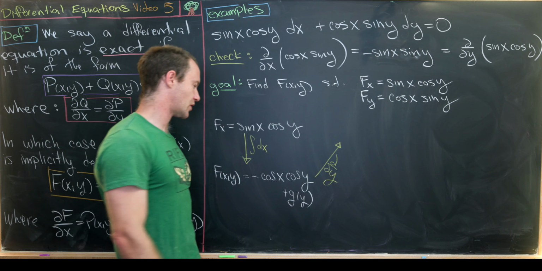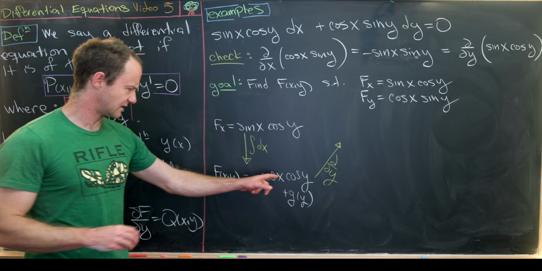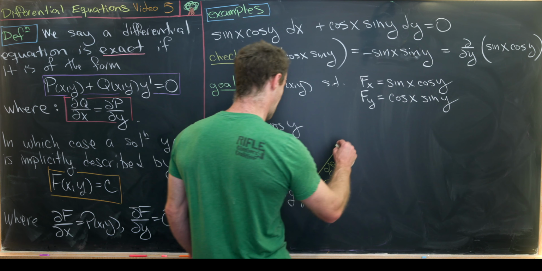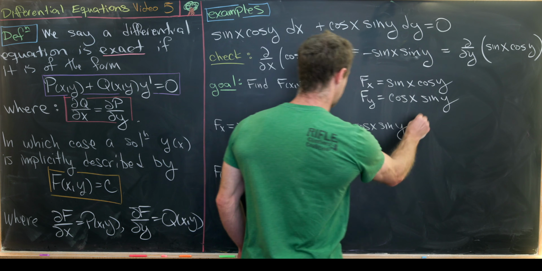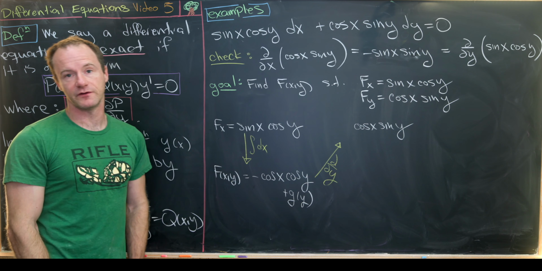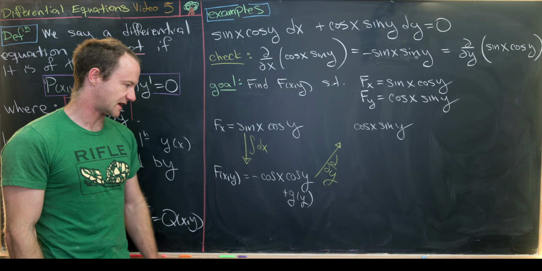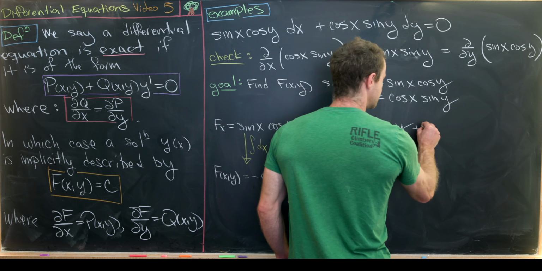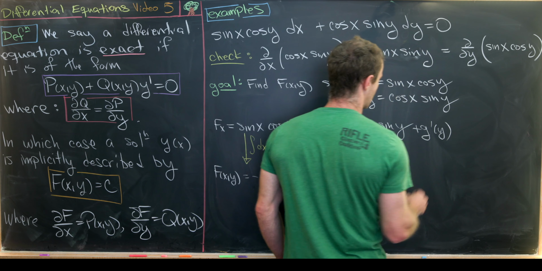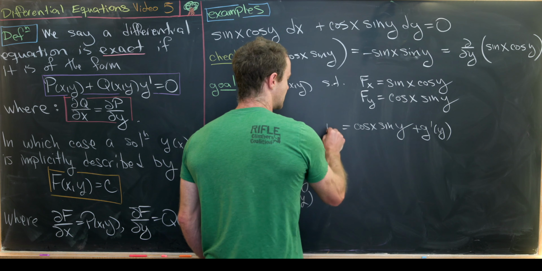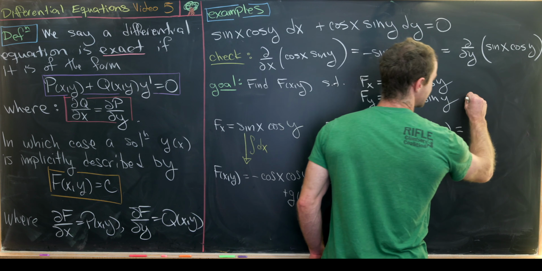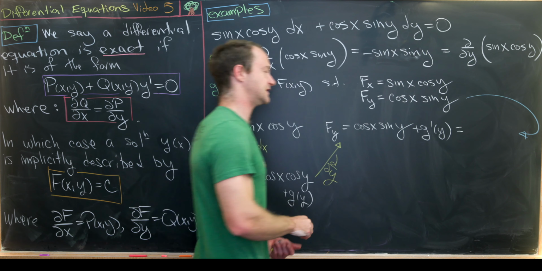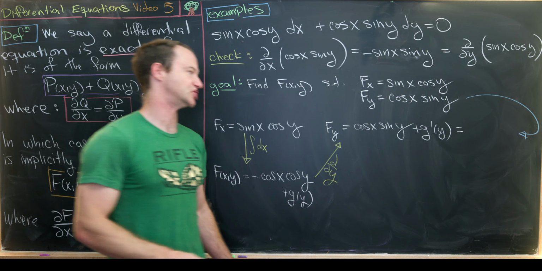Okay, so taking that partial with respect to y will give us something like this. We'll have cosine x times sine y, from taking the derivative of cosine y gives us negative sine y, and then plus g prime of y. So that's going to be equal to our partial of f with respect to y, but then bringing this down sets up some sort of differential equation that we can solve for g.